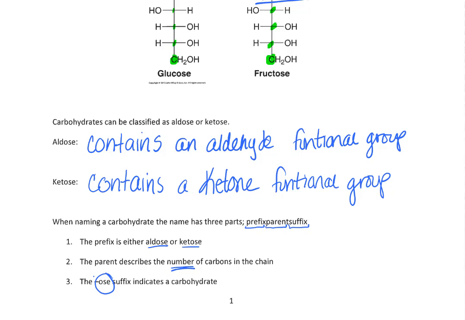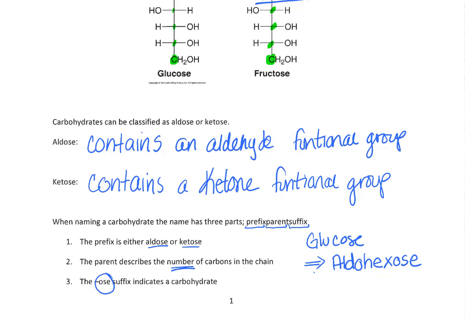So, for example, glucose, because we already have the structure up there, we know contains an aldehyde, so we'd call this an ald. Oh, we leave off the E. And then your glucose has 6 carbons, so we put in the hex, and then we add the OSE suffix. So glucose is an aldohexose.